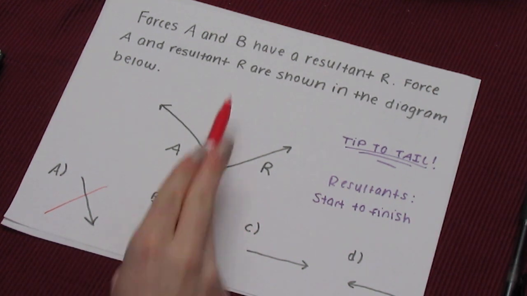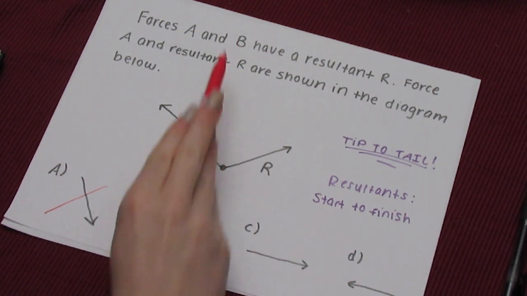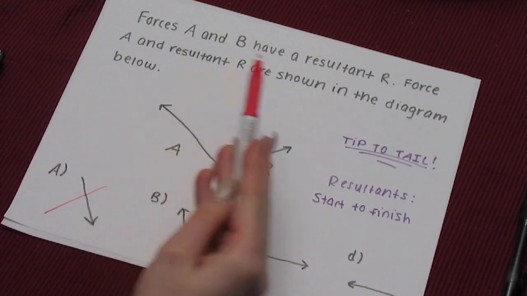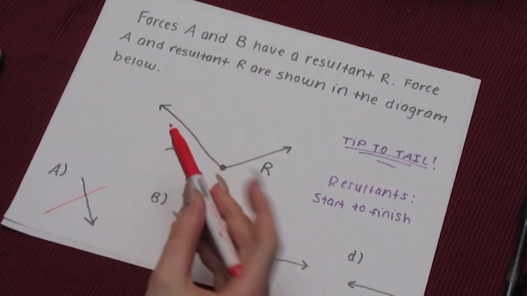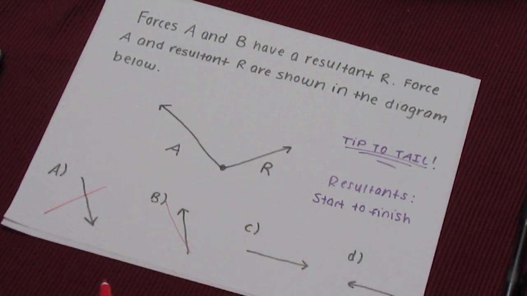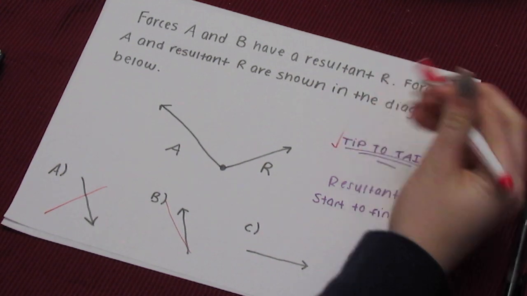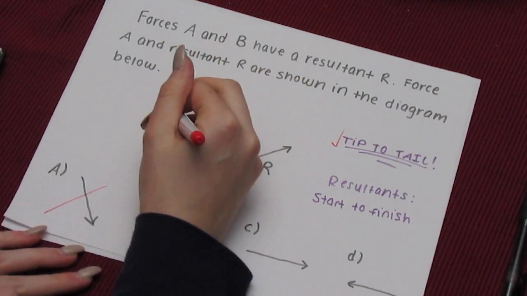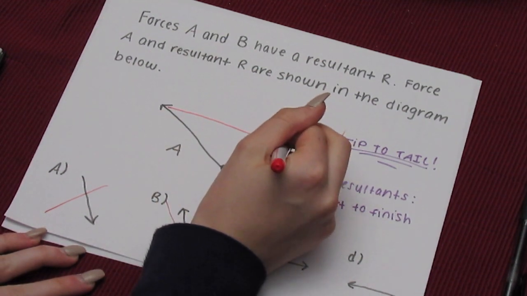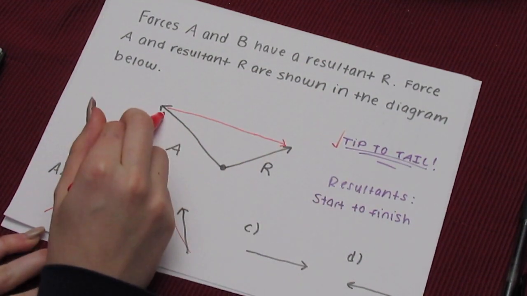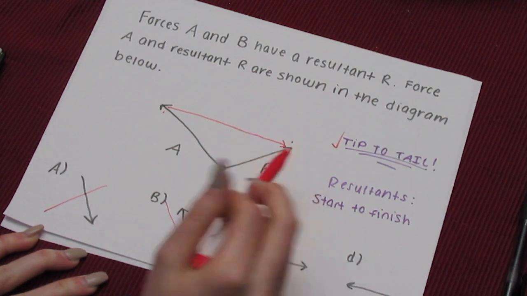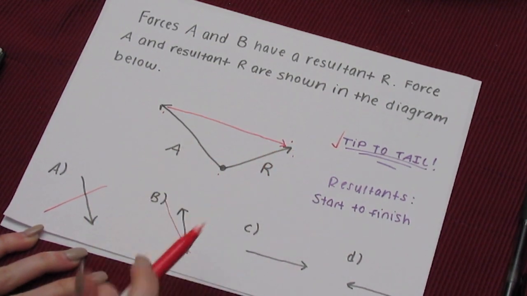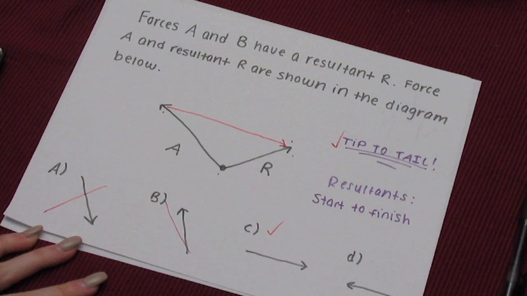B shows the vector going up here. If B was this way, the resultant would not be over there, it would be over here. So that's wrong. C shows the resultant. This is drawn from tip to tail, like it says over here. And if we insert C into there, it's drawn from tip to tail, it finishes over here, and your resultant is drawn from start to finish, so C could work.